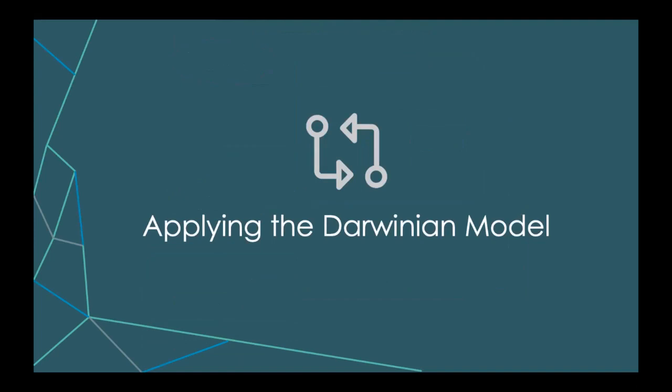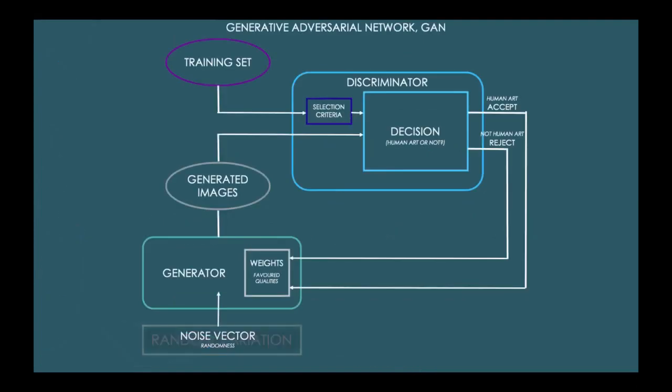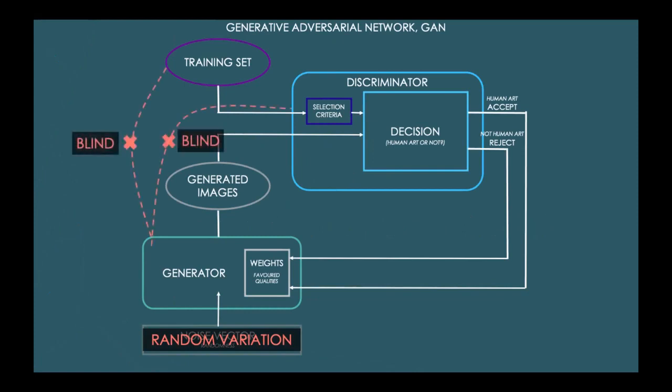So how can I apply the Darwinian model to these systems? I'm going to suggest that the noise vector here provides some random variation. As I said before, it didn't have to be random, but there is some random variation going into the system at the start. The generator cannot access the training set or the discriminator and the selection criteria that goes into the discriminator. So we can say that it's blind.